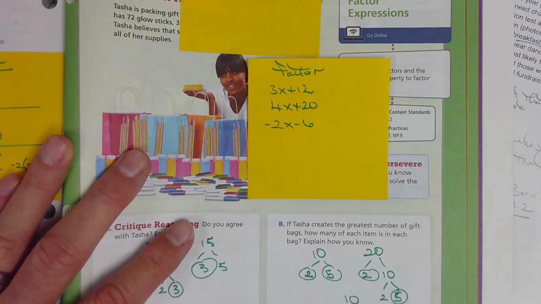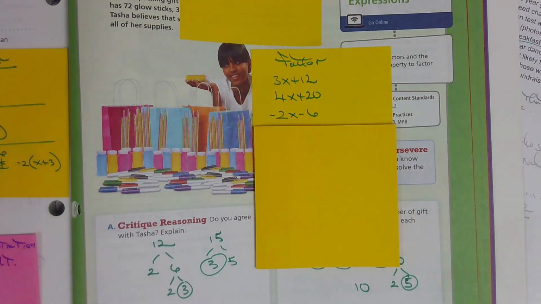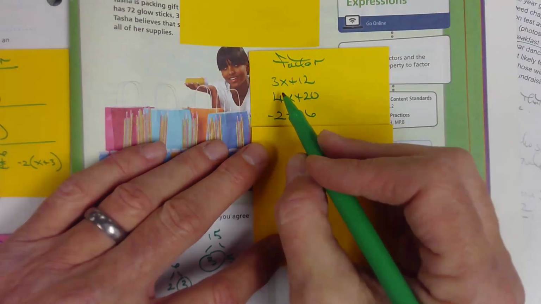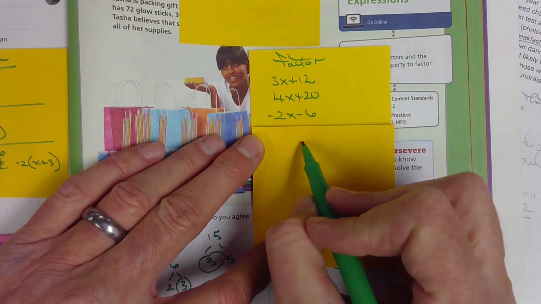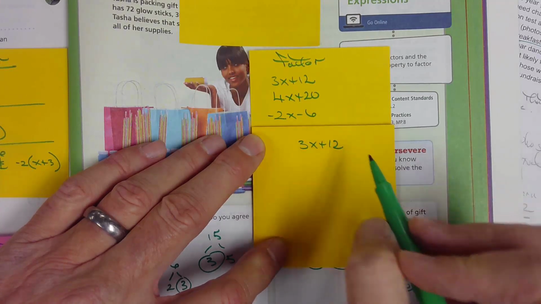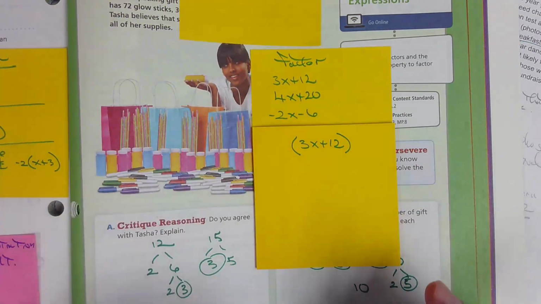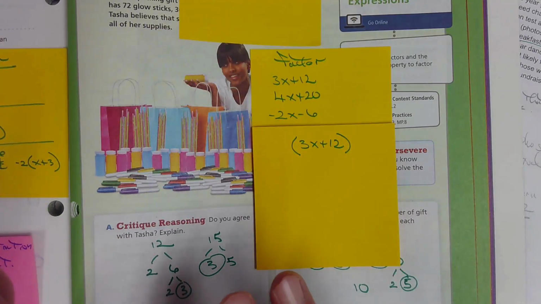Now, you guys are going to be doing some factoring with variables. So let's look at the first one here. It's 3x plus 12. And really, one way to look at this is you are using the distributive property backwards.